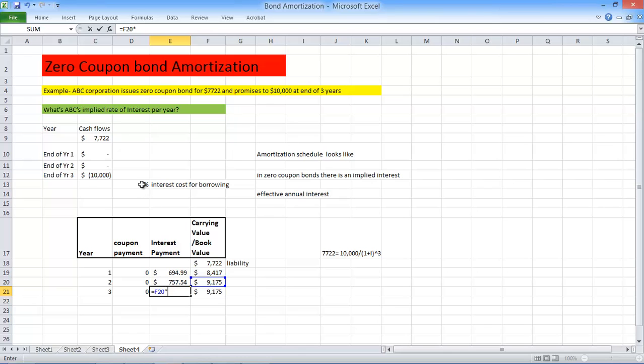So this is the effective interest payment that ABC Corporation is paying the investor, and this is the book value of the bond at the end of year one.